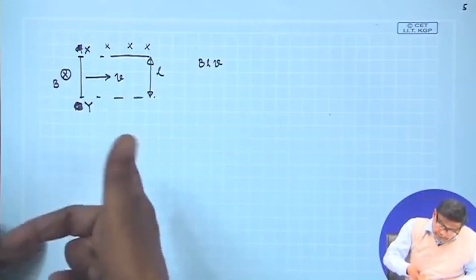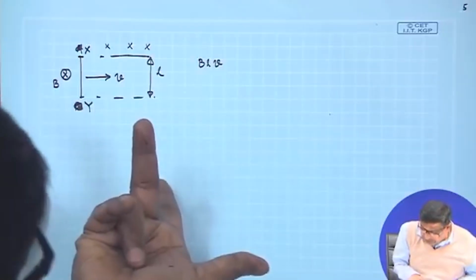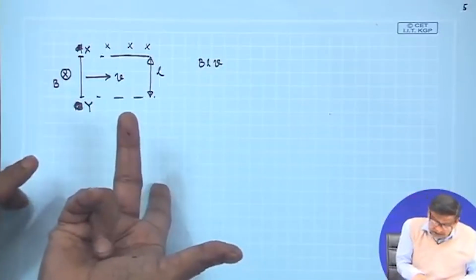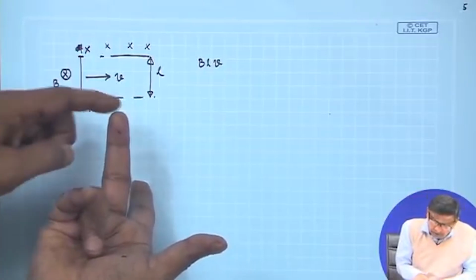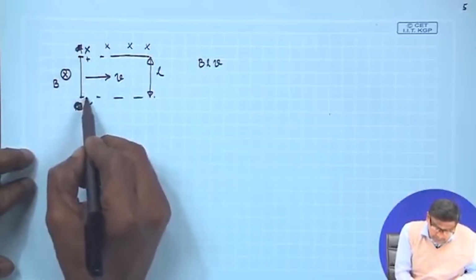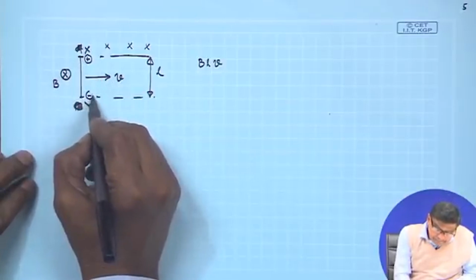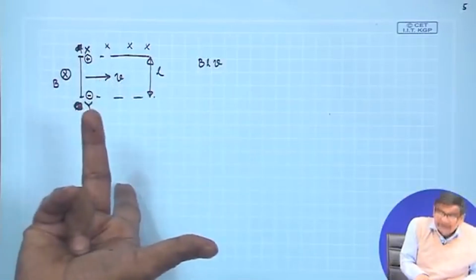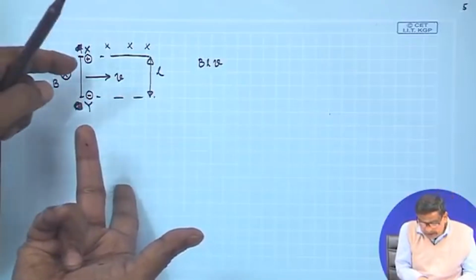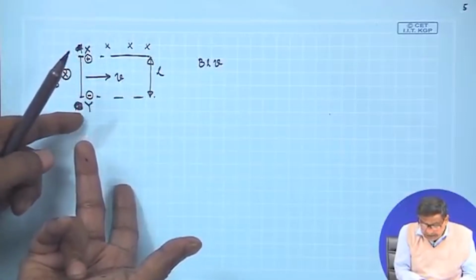For example, here this is B in the plane of the paper, and this is V in this way. So the polarity of the induced voltage will be, this is the tip, so this will be plus, this will be minus. Understood this? So this is the tip of the middle finger, there I will write plus and below I will write minus.